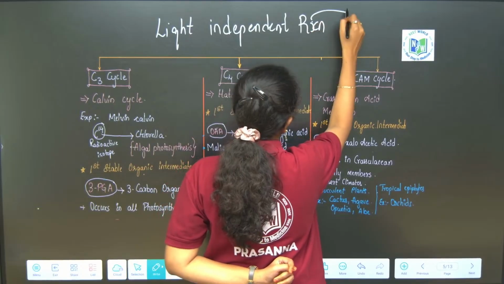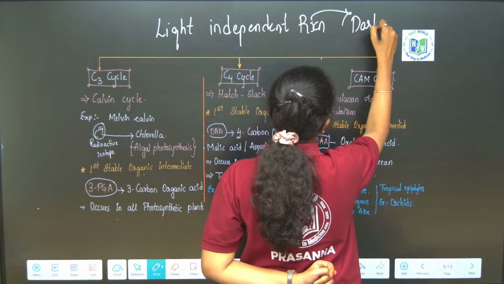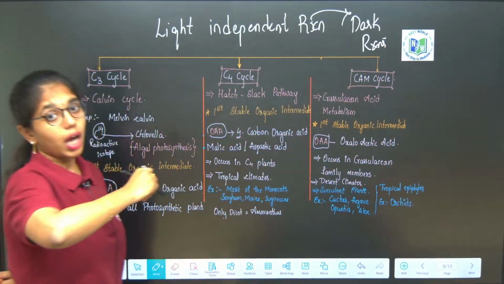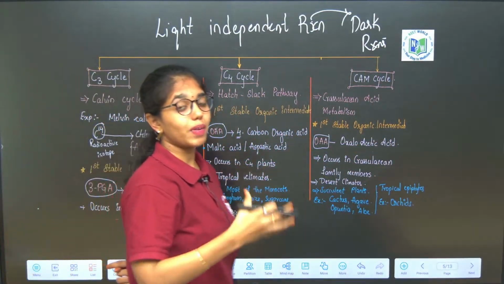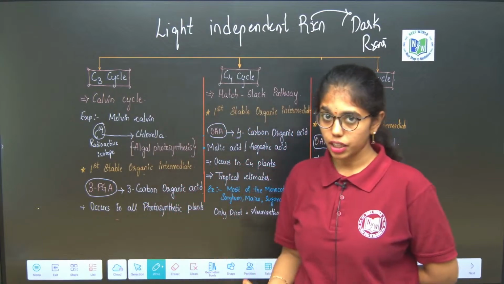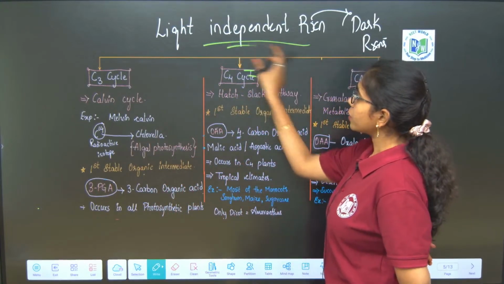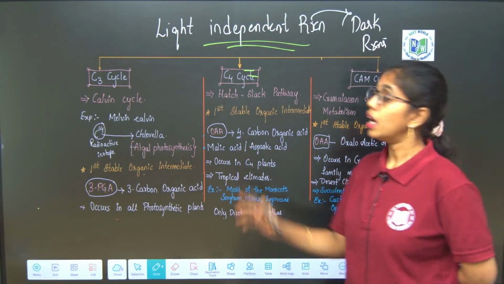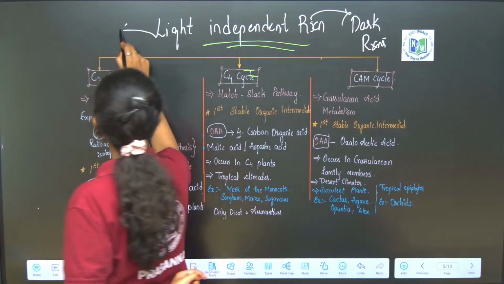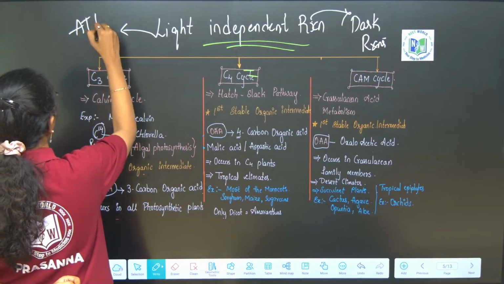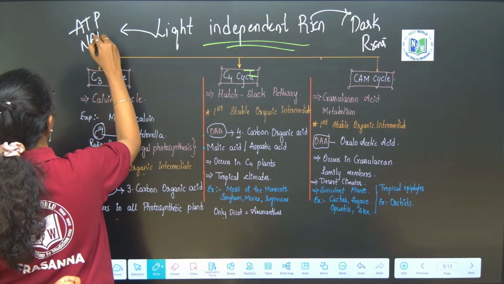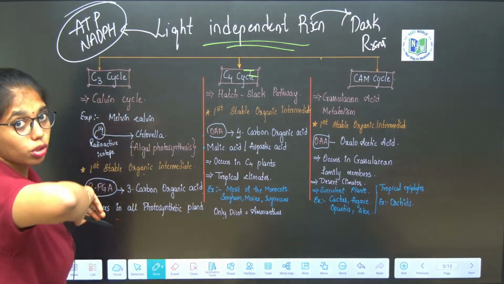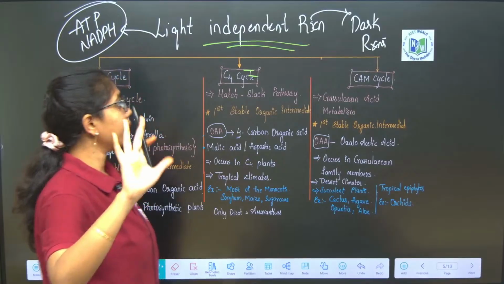Calling light independent reactions as dark reactions is a misnomer, because it doesn't mean that it takes place during night or dark conditions. Light independent reactions only means that they are not directly dependent on light, they are dependent on the products of the light reaction, those are ATP and NADPH.